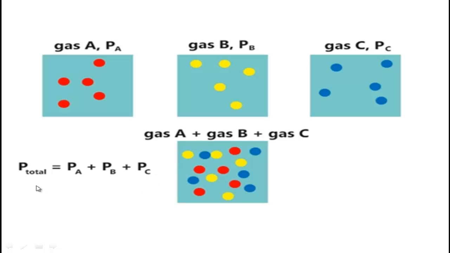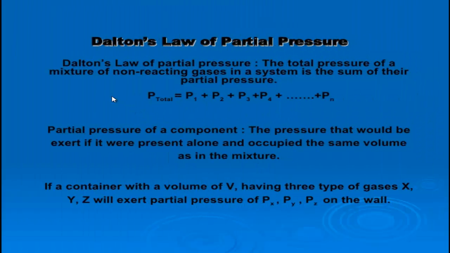So, the total pressure of a gas mixture is actually the sum of the pressures of the individual components of that mixture. We can write Dalton's law of partial pressure this way: the total pressure of a mixture of non-reacting gases in a system is the sum of their partial pressures.